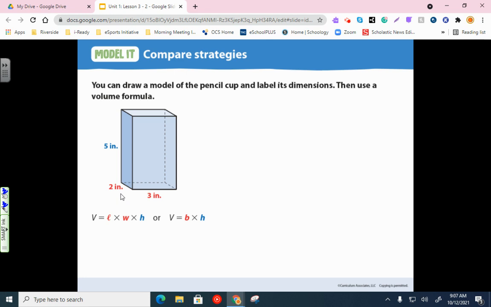Just notice here though, we've got this one way of doing it with all 3 measurements, and this way with the base and height, that base would equal 6, and then you multiply it by the 5 there. So either way is going to get you the same answer. So just want to point that out.